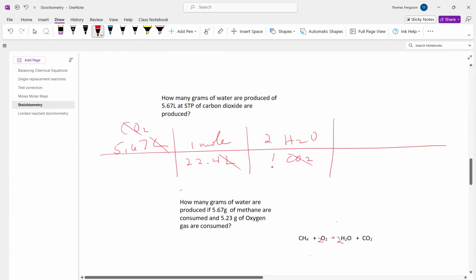Okay, now we have moles of water. Okay, and water is 18.02 from the periodic table. Only water is 18.02, nothing else. Okay, so everything cancels except for grams of water.